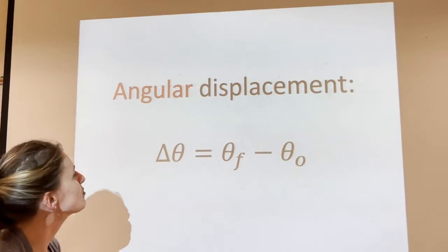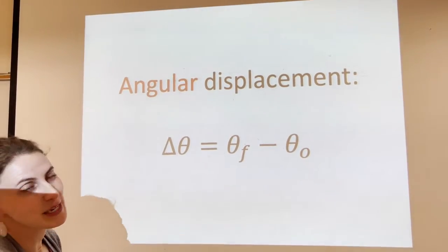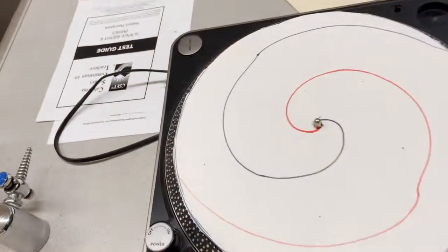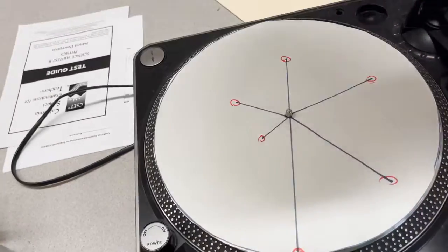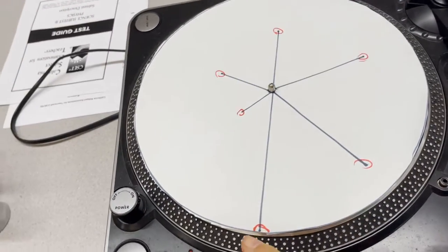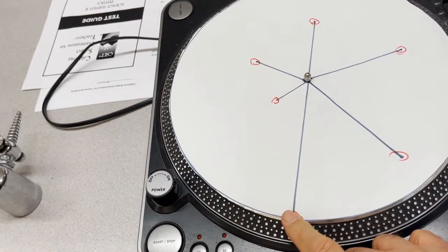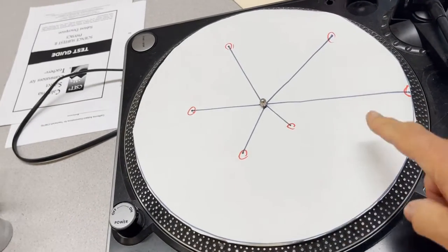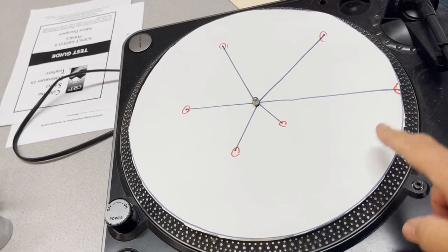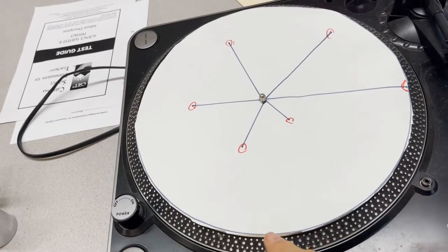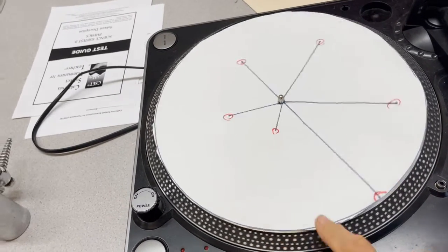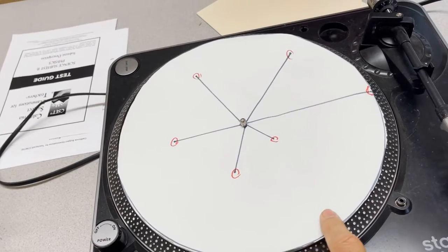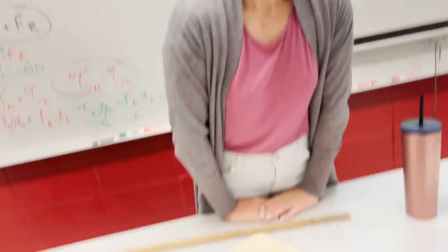Angular displacement. That looks just like linear displacement, but with a different variable. If we have this that goes from here to there, that's about 90 degrees. You could say the displacement is 90 degrees, or however many radians that is.